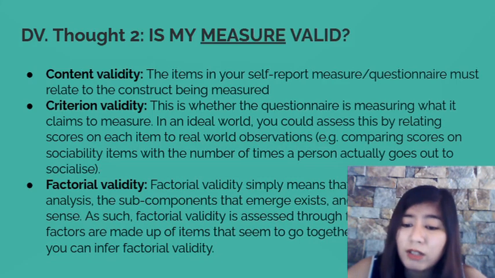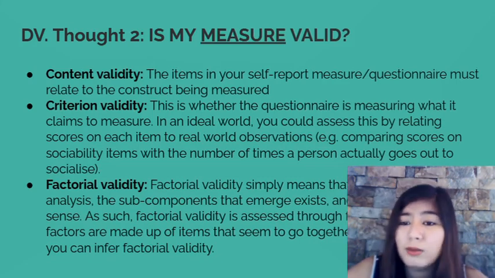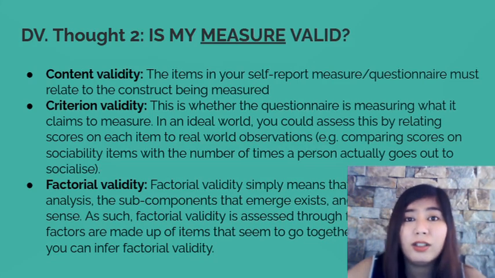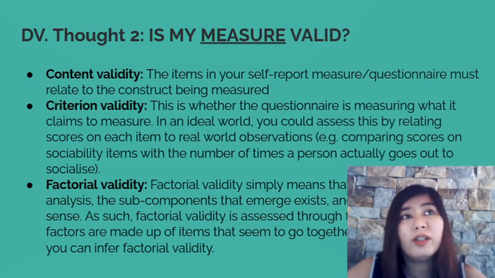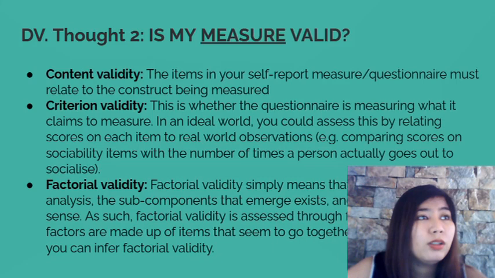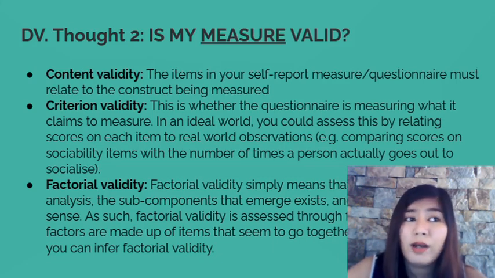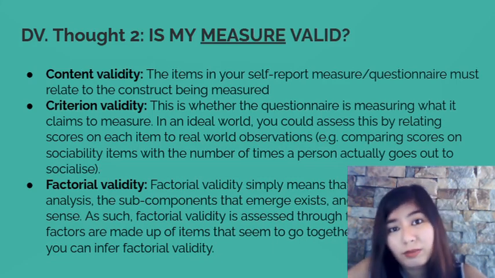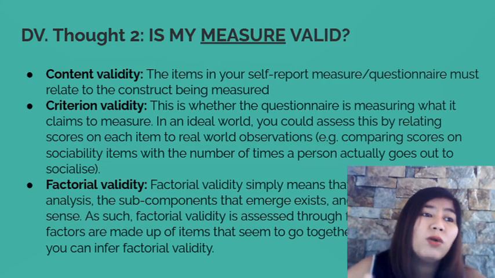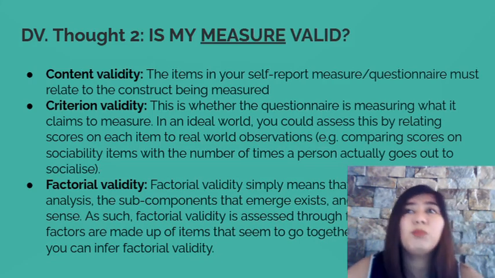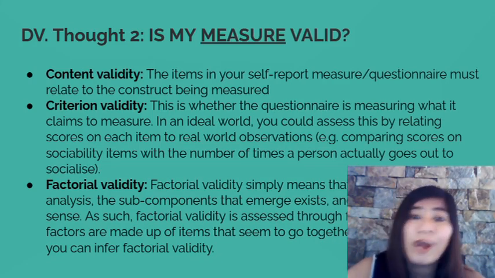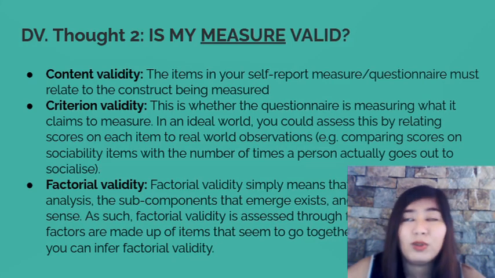For the criterion validity, we are interested to understand whether a particular measure predicts another outcome or another measure. For example, we have the admission exam score and then the GPA. So admission exam score is predictive of GPA. So it provides the admission committee some idea whether you can thrive or survive in the campus.